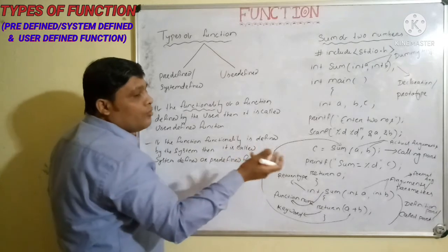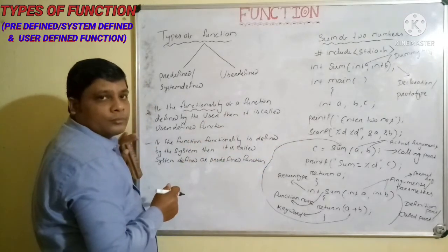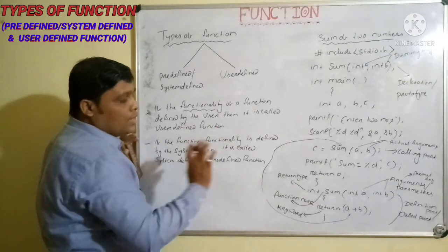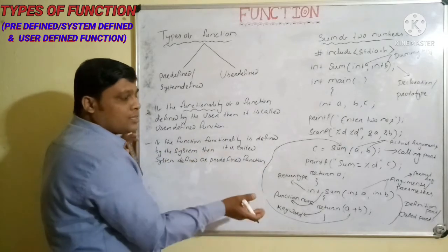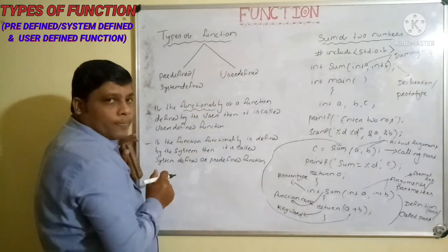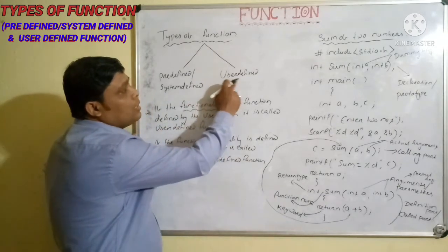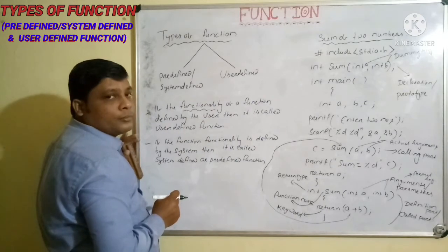If we are taking one factorial function, it will find the factorial of a number. Clear? So like this, what that function exactly does, that is called its functionality. If that functionality is defined by the user, then it is called user-defined function.